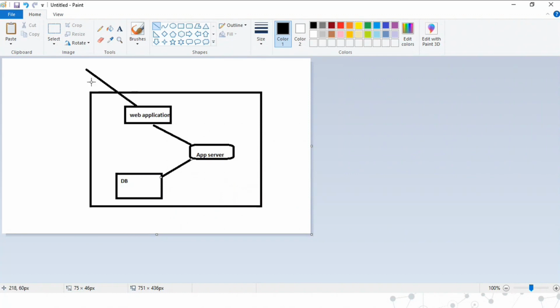So for this e-commerce data flow diagram, I have to put all these details. When you as an assessor or auditor see this, you will understand that the web application and app server are also taking part. Clear? So this is the data flow diagram.